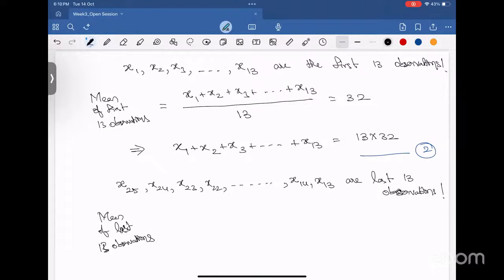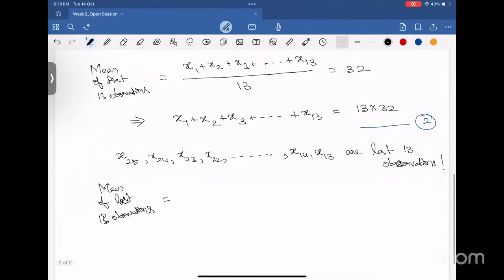I hope you can read my writing. It's readable, I guess, right? So now this is x25 plus x24 plus x23 and so on, x14 plus x13, divided by 13, because the total number of data points here is 13, the last 13 observations.